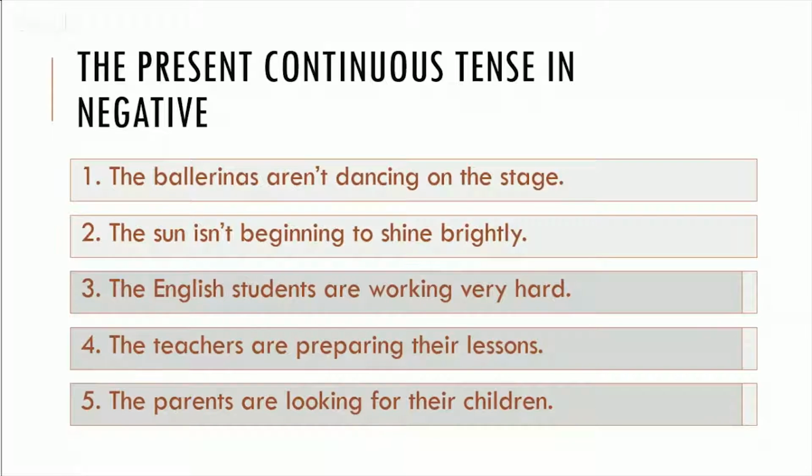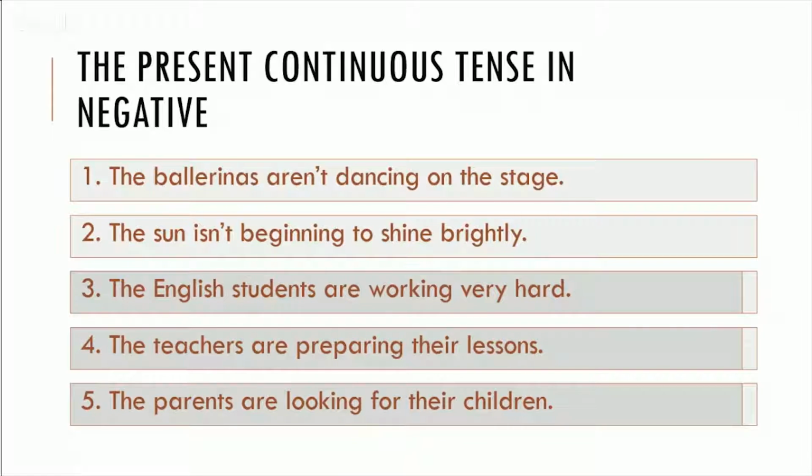Number 2, the sun isn't beginning to shine brightly. So simply enough, you put not after is and you do a contraction. Isn't beginning to shine brightly. Okay? If you have any questions, let me know. If you want me to slow down, let me know.